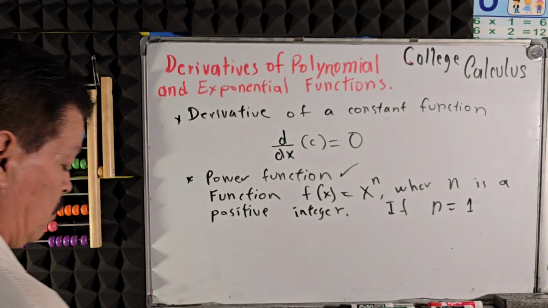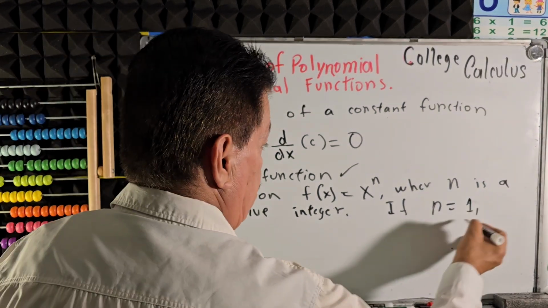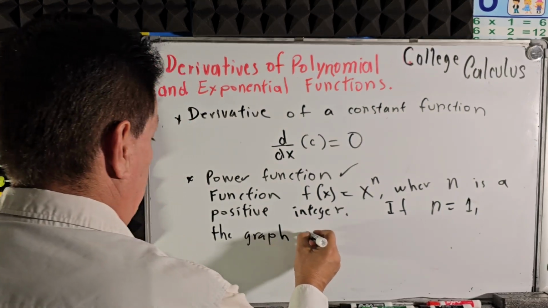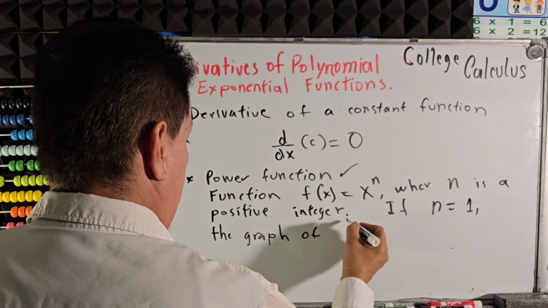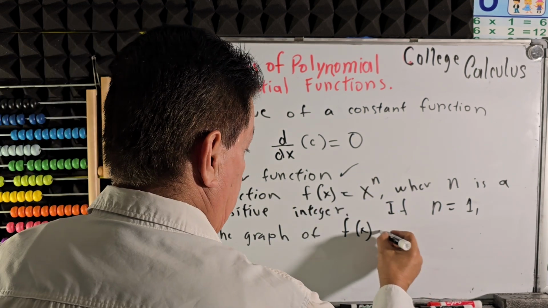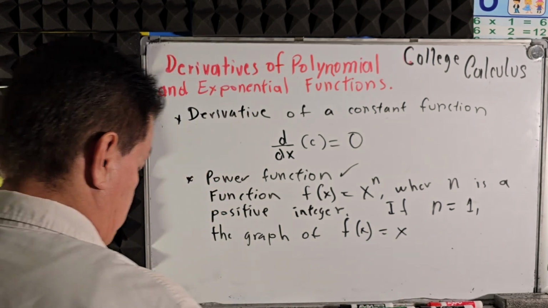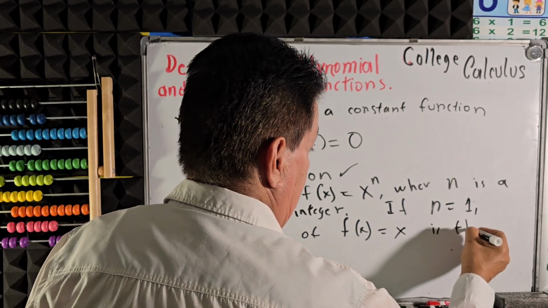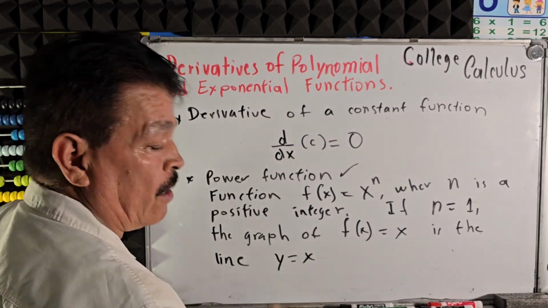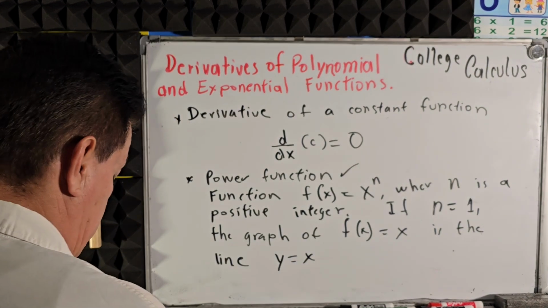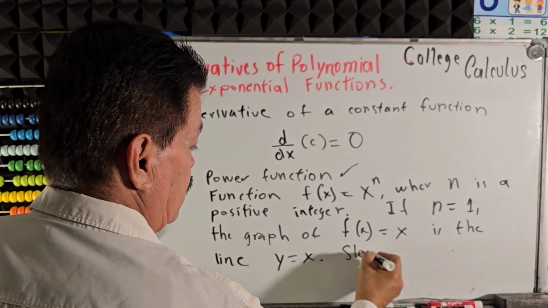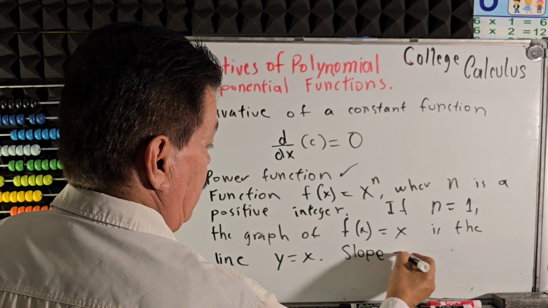If n equals 1, the graph of f of x equals x is the line y equals x. All right, and then the slope equals 1.